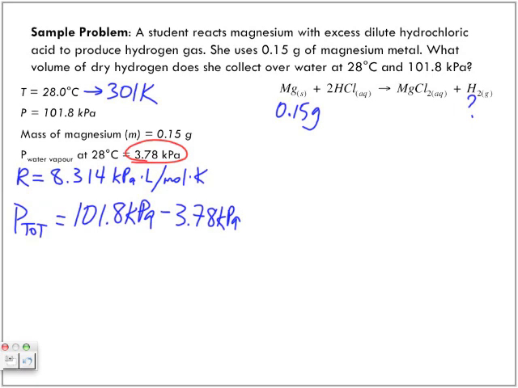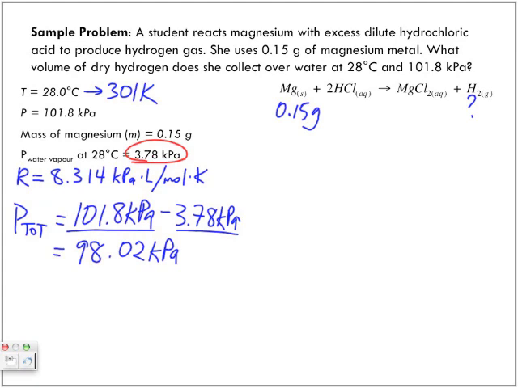This is the overall pressure subtracted by the pressure of just the water vapor, and the pressure that we need works out to 98.02 kilopascals.